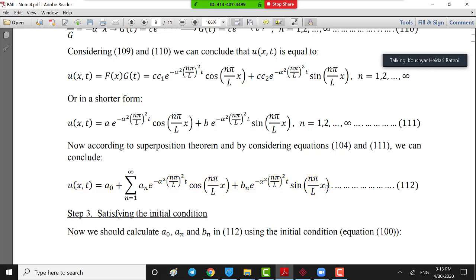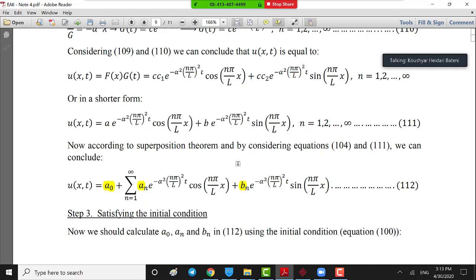Now, in step 3, as usual, the thing that we need to do is to find out the value of a0 and an and bn using the initial condition that is given to us, right?